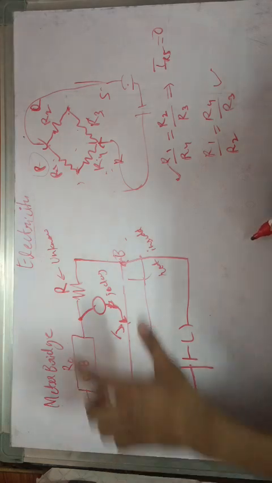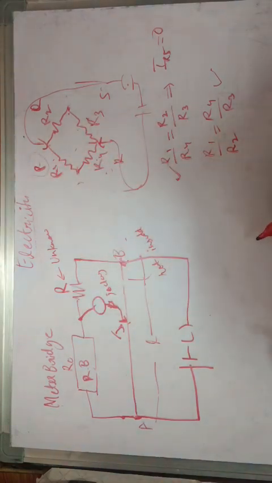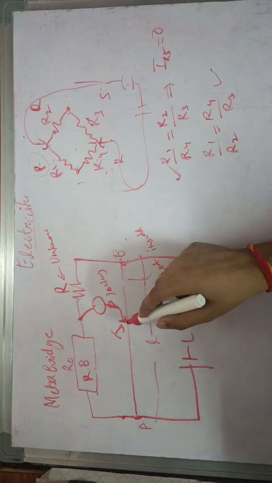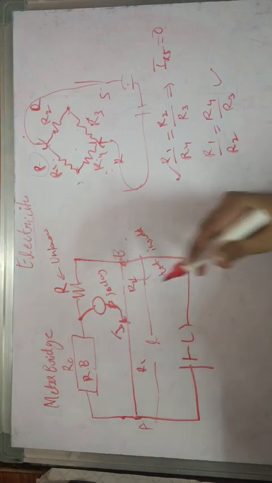Then this will look similar to the Wheatstone bridge, and the resistance of this length would be R1, and this would be R2.